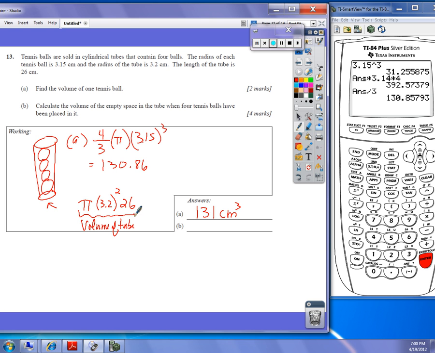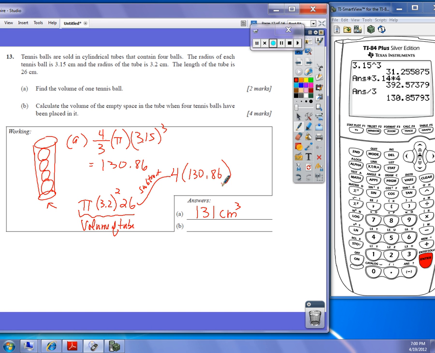Now I need to subtract the volume of 4 tennis balls. So I'm going to subtract 4 times 130.86.